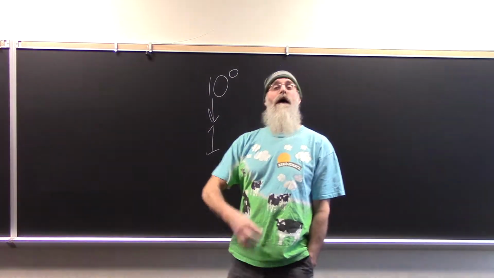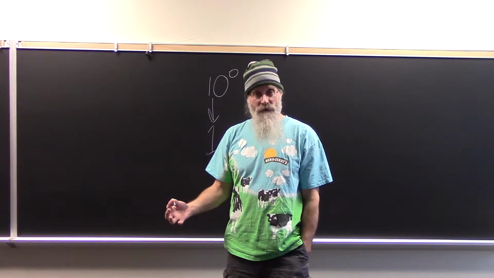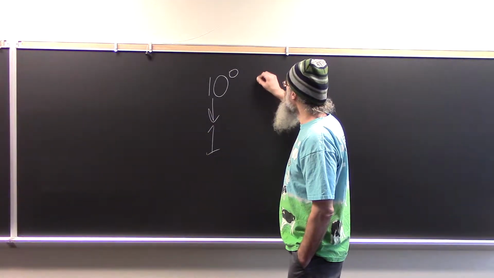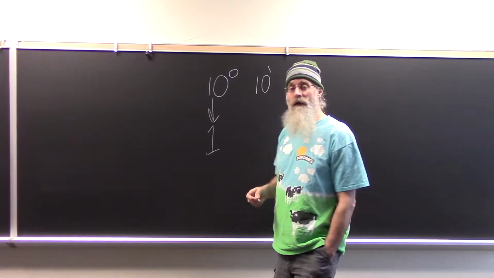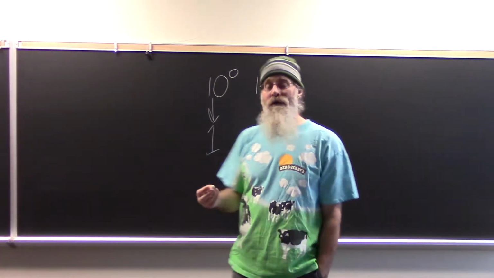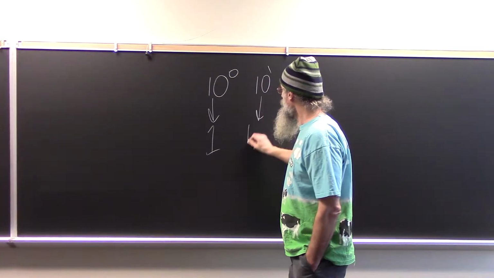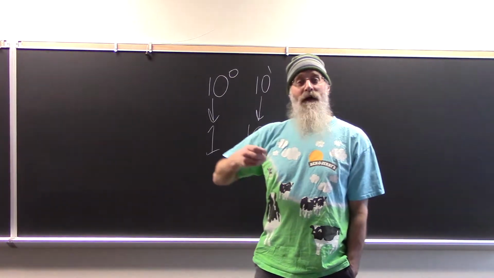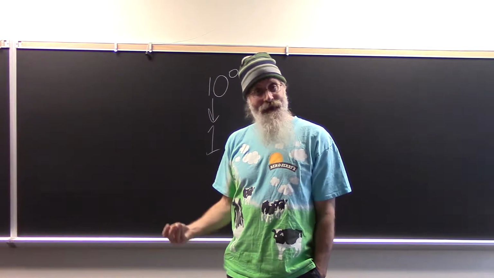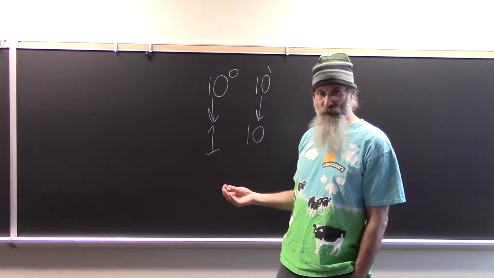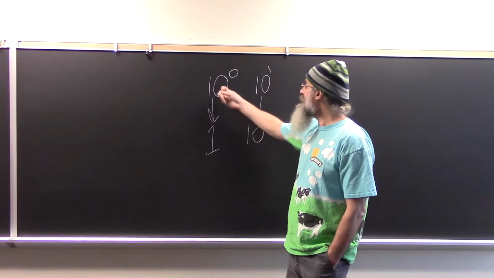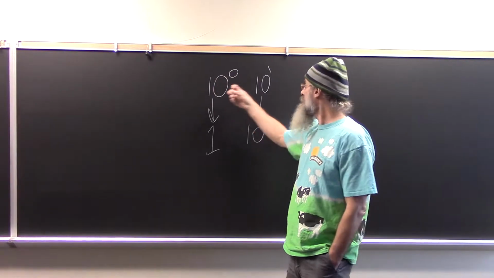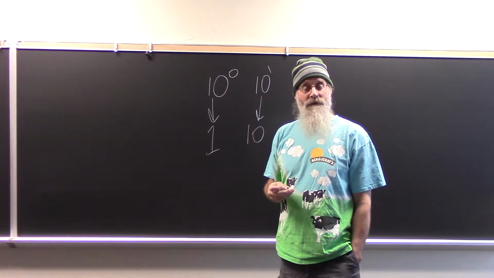If we go up an order of magnitude, then we have 10 to the 1. 10 to the 1 is equivalent to 10. So if you multiply 1 by 10, you get 10 of course, but if you multiply 10 to the 0 by 10, you get 10 to the 1.